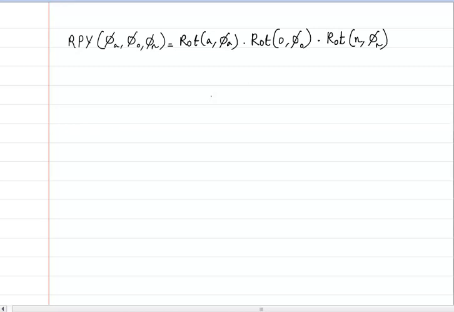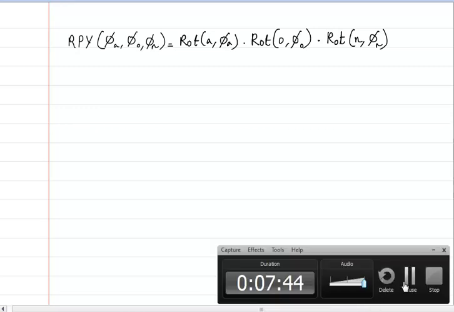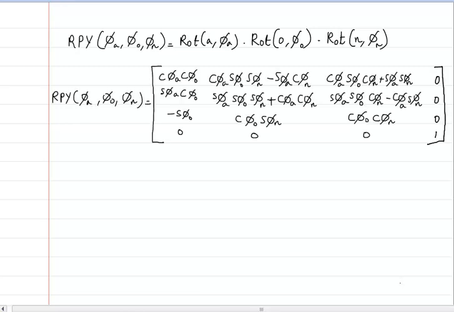Now for each of these three rotations, we can write the 4x4 kinematic equation, that means the transformation matrix, and we have to multiply. I'm not going to write the individual matrix of each one. You can write it on your own. That means you can write rotation A, phi A, because we have already studied that. You will get three 4x4 matrices. The multiplication of that will lead to an equation which can be written as this.